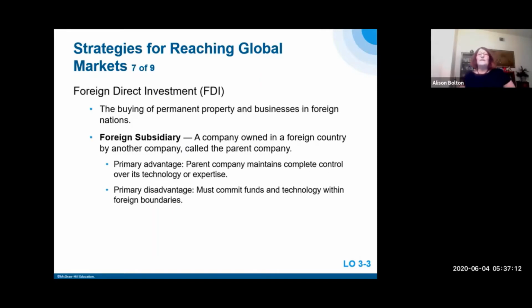Foreign direct investment, FDI. So this is about purchasing property and businesses in foreign nations. If you are not used to doing this, you really need to make sure that you have somebody you can work with who knows the language and knows how the financial structure is there for doing real estate investment, because it can get very tricky.